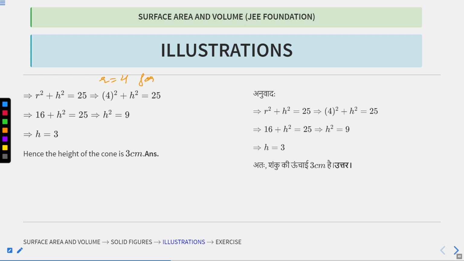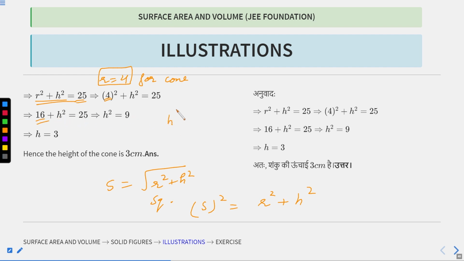So by applying the formula, L is root of r square plus h square, and squaring both sides, I will get 5 square is equal to r square plus h square, so r square plus h square is equal to 25. I know r is 4, that means 4 square plus h square is equal to 25, which is 16 plus h square equal to 25.